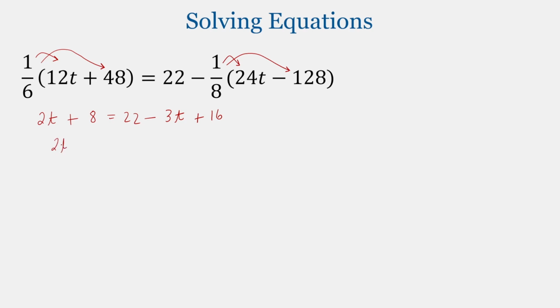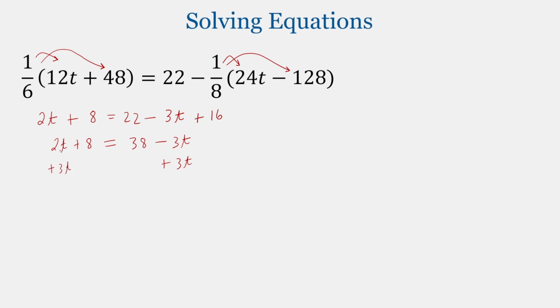We still have 2t plus 8 on the left. We have not done anything on the left side yet. And then 22 plus 16, that's 38, minus 3t. So now both the left and right side of this equation are simplified. Let's isolate the variable on the left side by adding 3t to both sides.